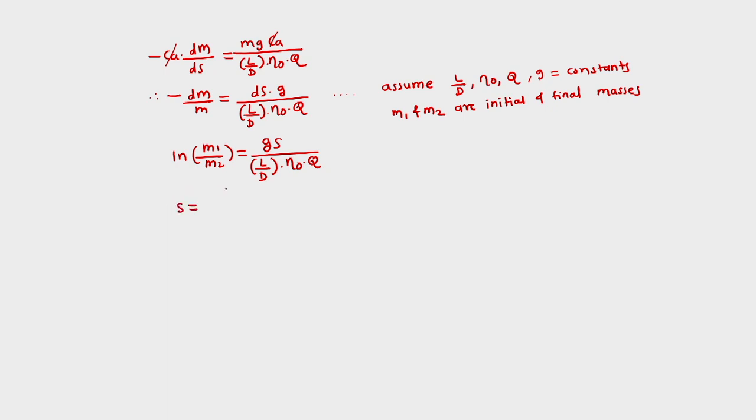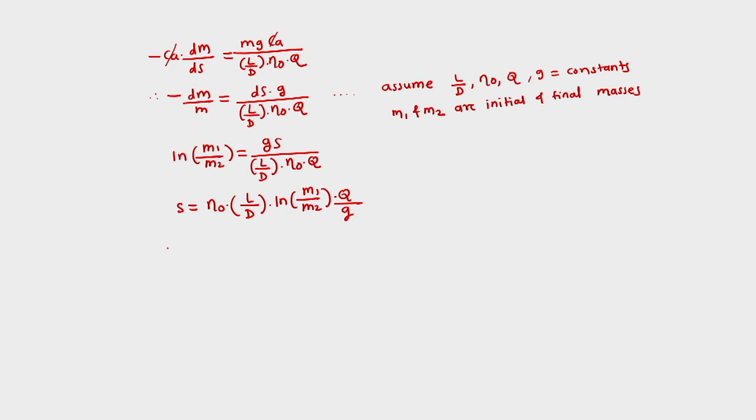So S becomes overall efficiency into L by D into ln of M1 divided by M2 into Q divided by G.